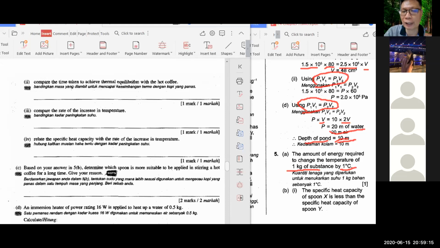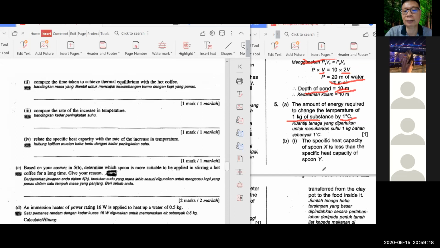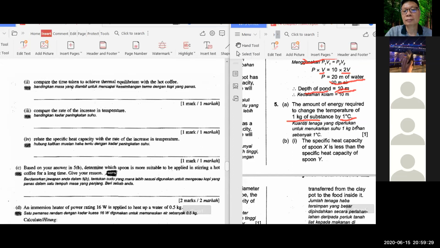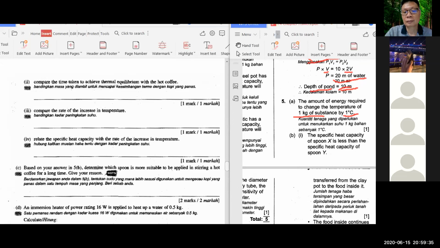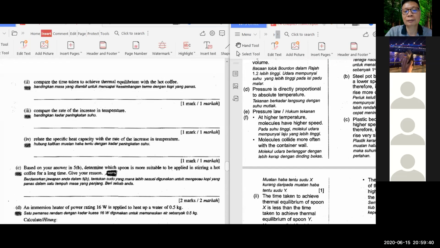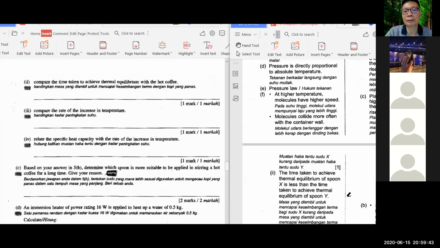Now, who is faster? X faster, right? X faster than Y. See your answer. Time taken to achieve thermal equilibrium: X less than Y. X shorter than Y. So very simple.